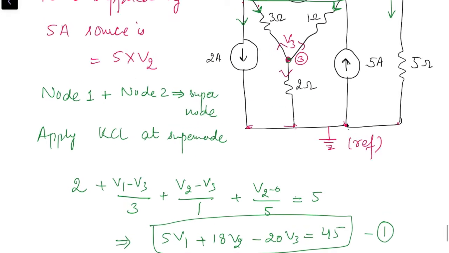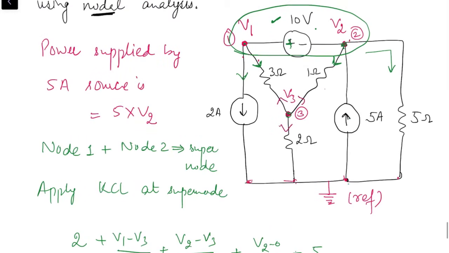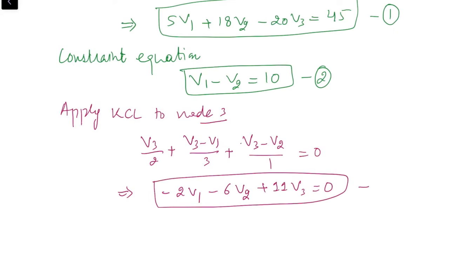And then we have the last resistance, 1 ohm, connected between the third and second node, so it's (V3 minus V2)/1. The sum should be equal to 0. Simplification of this equation leads to minus 2V1 minus 6V2 plus 11V3 equal to 0. This is the third equation.